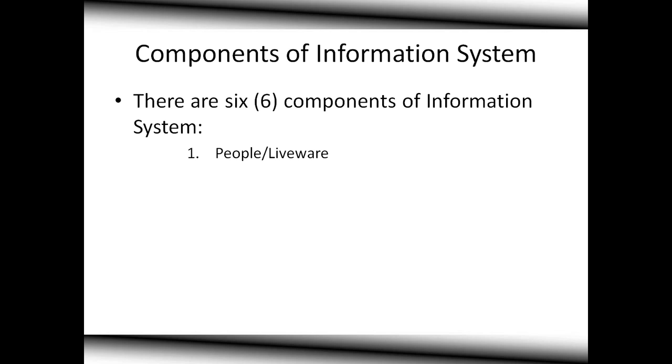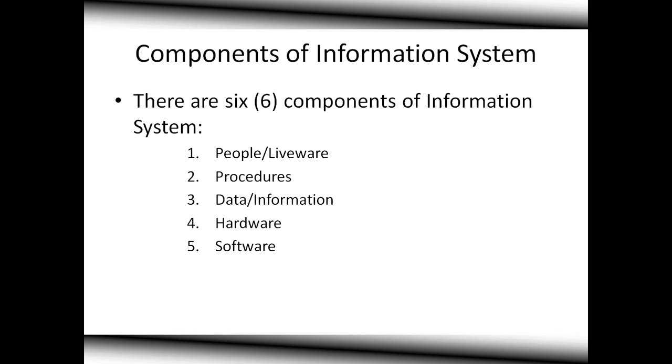The components of an information system are people, or what we also refer to as liveware. Then we have procedures. Then we have data or information. Then we have hardware. Then we have software. And then we have communication.